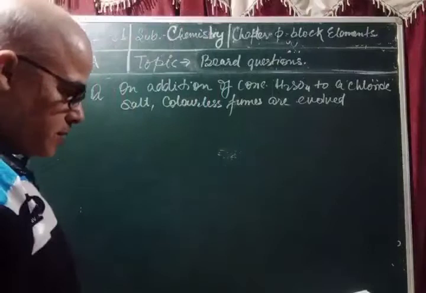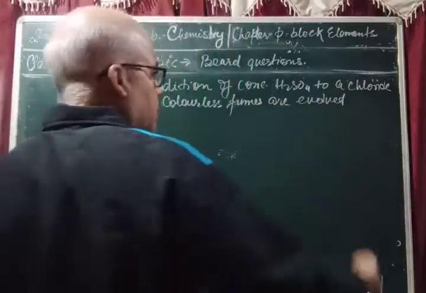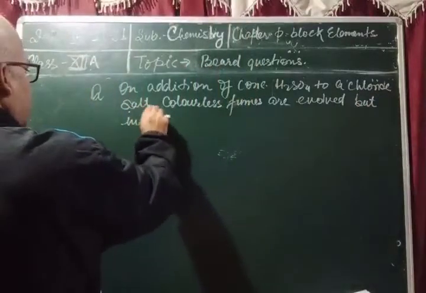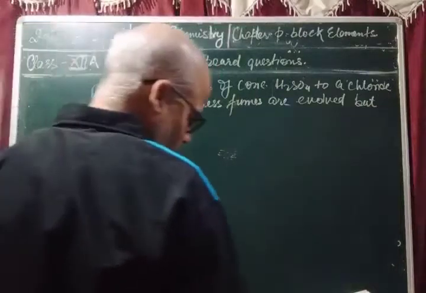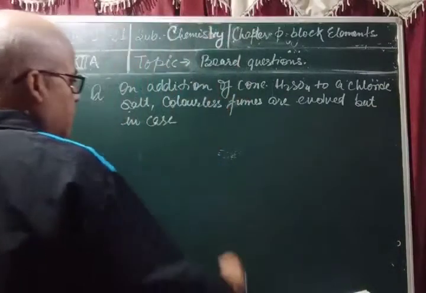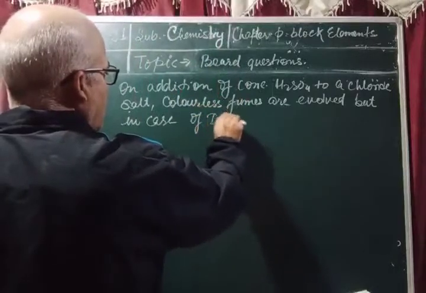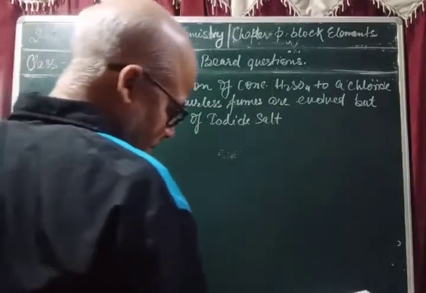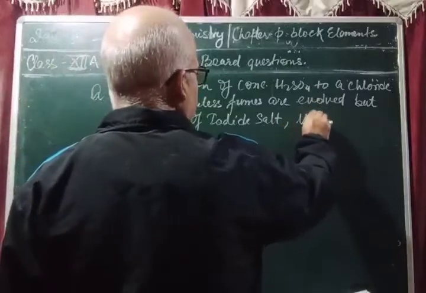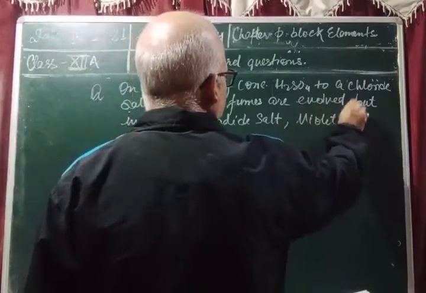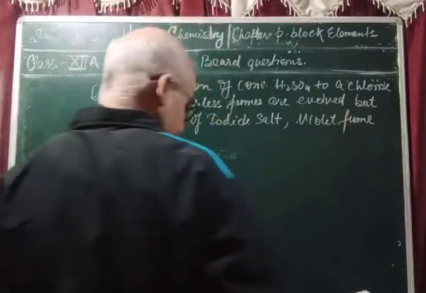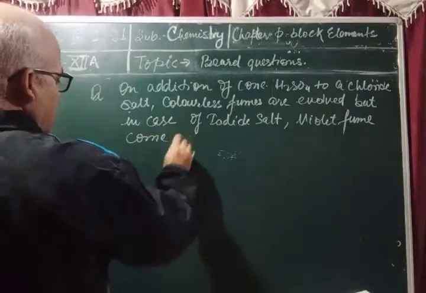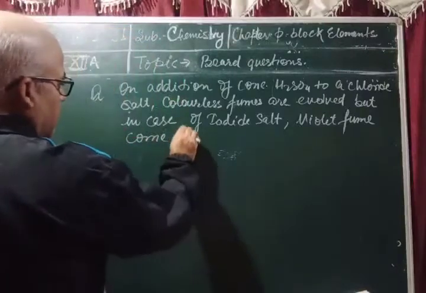Colorless fumes are evolved. But in case of iodide salt, violet fumes come out.